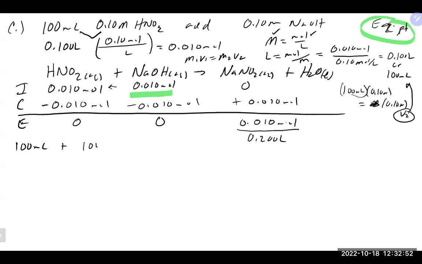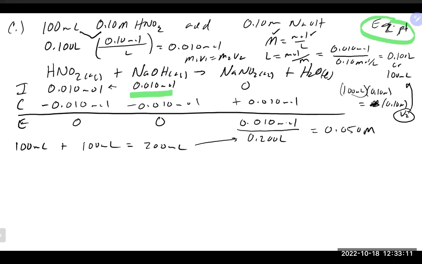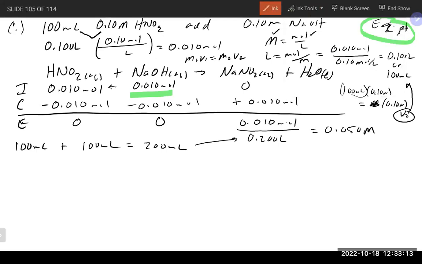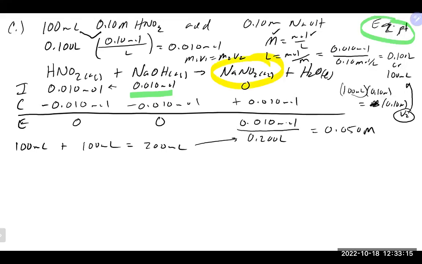We figured out from our calculation we needed 100 milliliters of the base. Gives us our total volume of 200 milliliters converted into liters. 0.01 divided by 0.2, that is a 0.05 molar. At this point in the titration, we pretty much have just one thing left here.